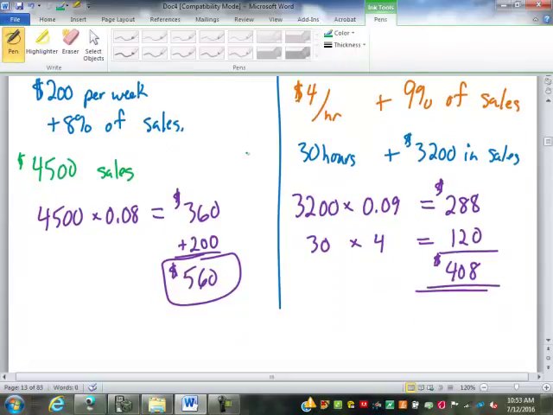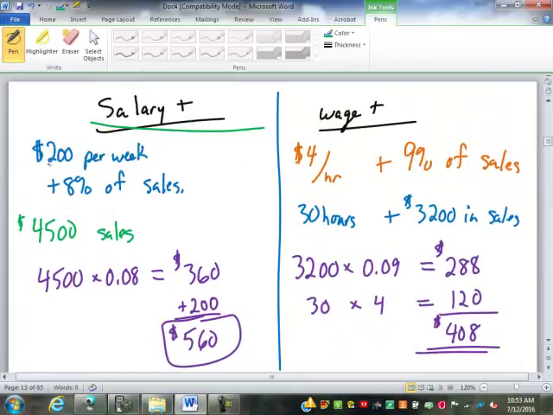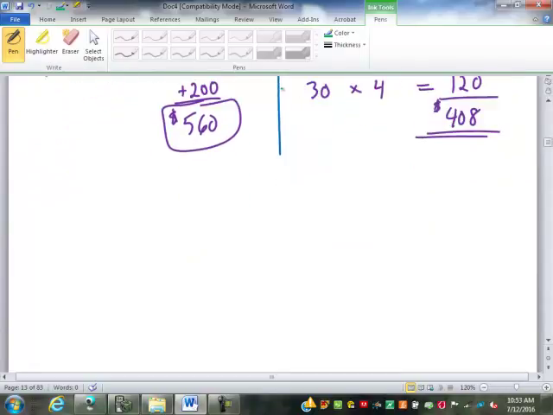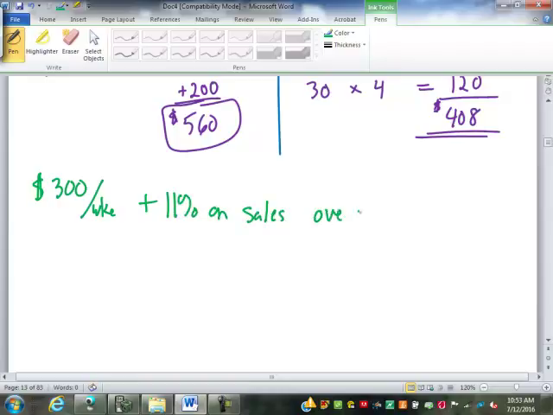Many times when you're on a salary plus, they don't do salary plus a straight commission. They do salary plus kind of a form of graduated commission. But it might be you get paid $300 per week plus 11% on sales over $3,000.